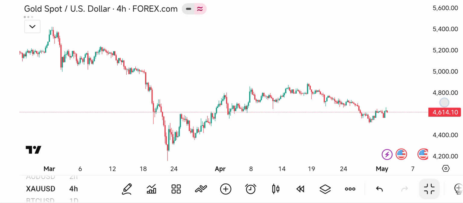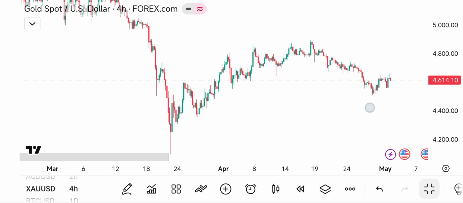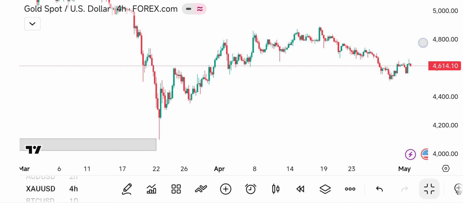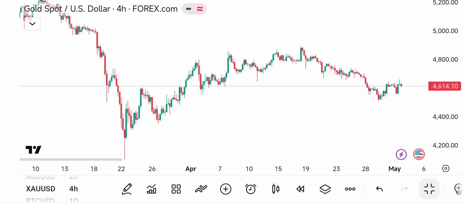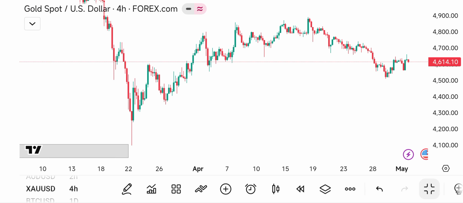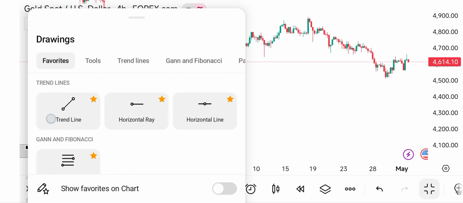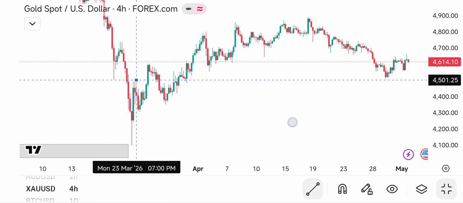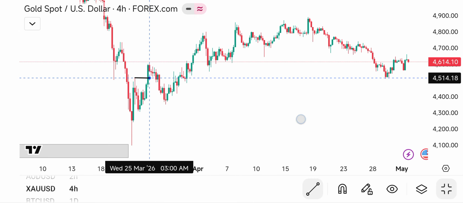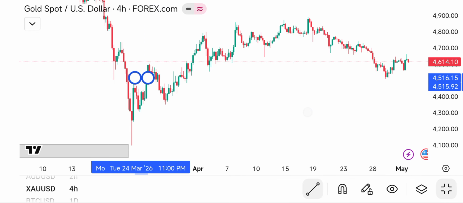So on the 4-hour time frame, we have to read the structures to know what's happening inside this 4-hour time frame. So in the 4-hour time frame, after price taps into this demand zone, we had a break of structure here. We had this break of structure.